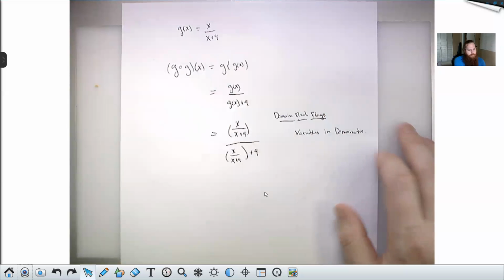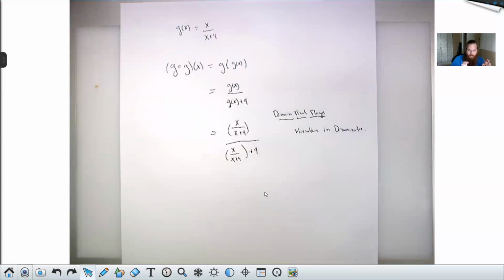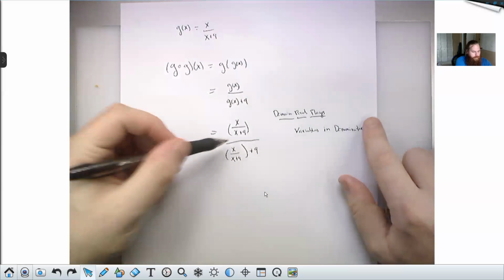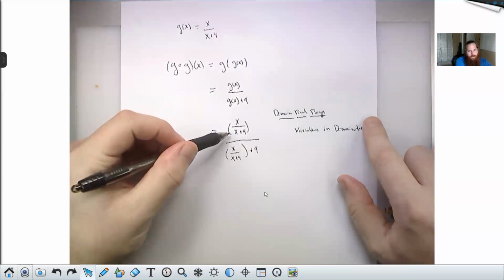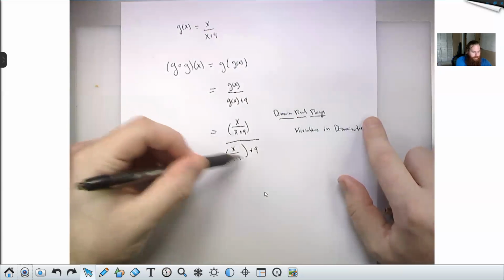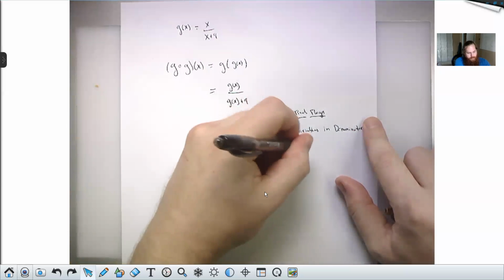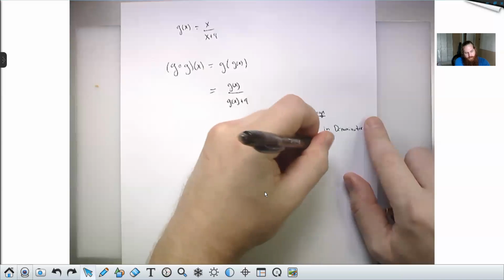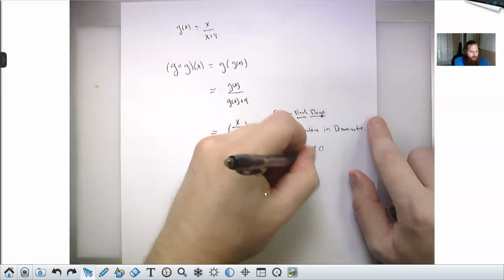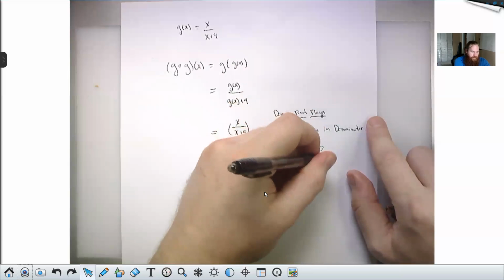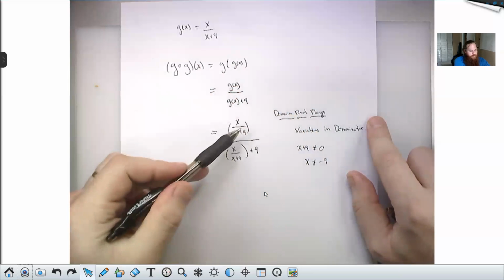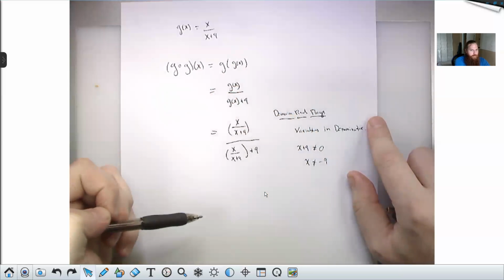So you have to look at all the different denominators and all the different ways that those things could be equal to 0, because we don't want the denominator to ever be 0. Right here, I have x plus 9 in a denominator, and right here, I have x plus 9 in a denominator. So I know x plus 9 is not allowed to be 0, which means x is not allowed to be negative 9, because that would make this fraction undefined and that would make this fraction undefined.